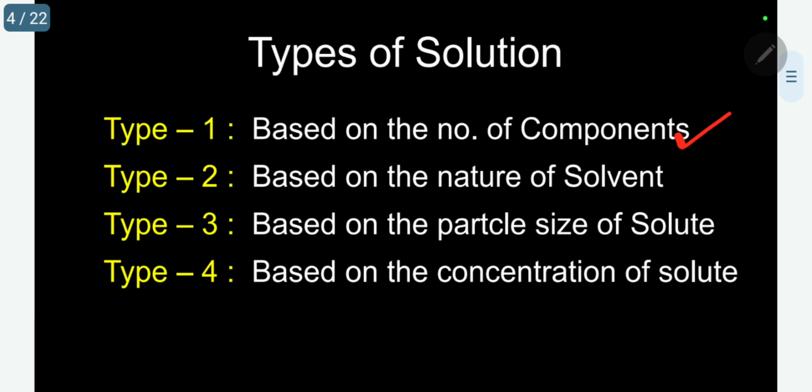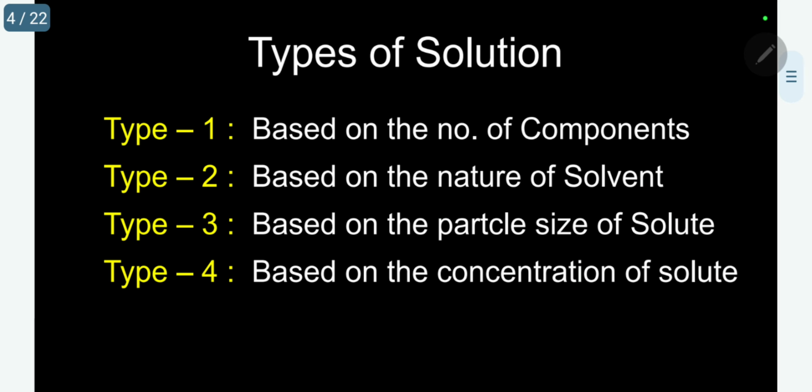So based on the number of components, I can use the terms binary solution, ternary solution, quaternary solution, etc., depending upon the number of solutes. Based on the nature of solvent, I will call it an aqueous solution if water is used, and an alcoholic solution if it is an organic solvent. Based on the particle size of the solute, I can classify 3 types: true solution, colloidal solution, and suspension.